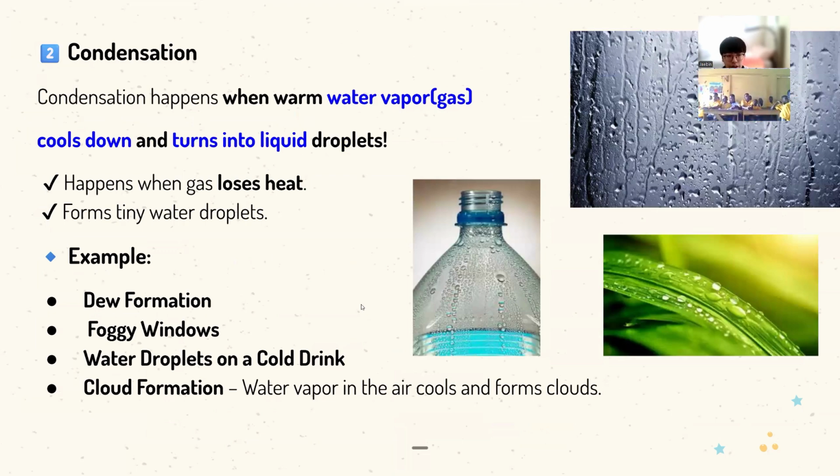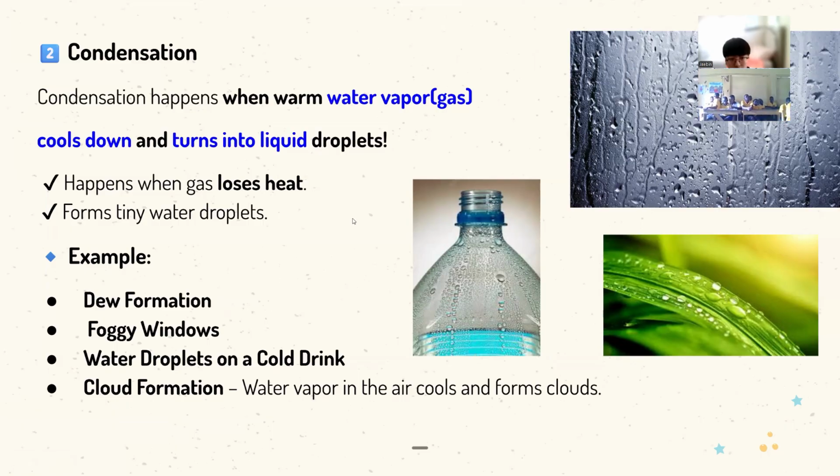Next was condensation. Condensation happens when warm water vapor or gas particles cool down and turn into liquid droplets. This happens when gases lose heat and they form tiny water droplets.